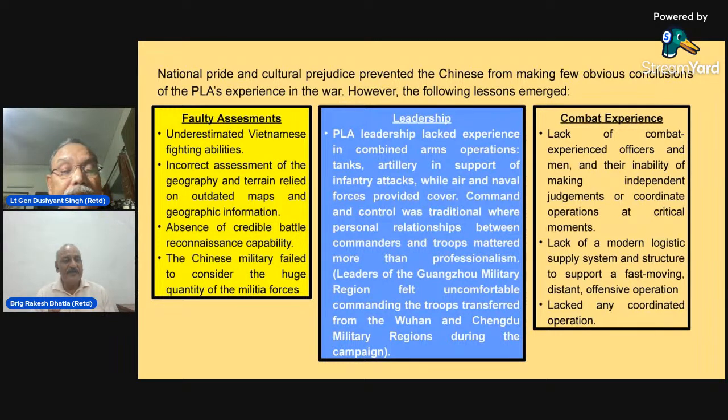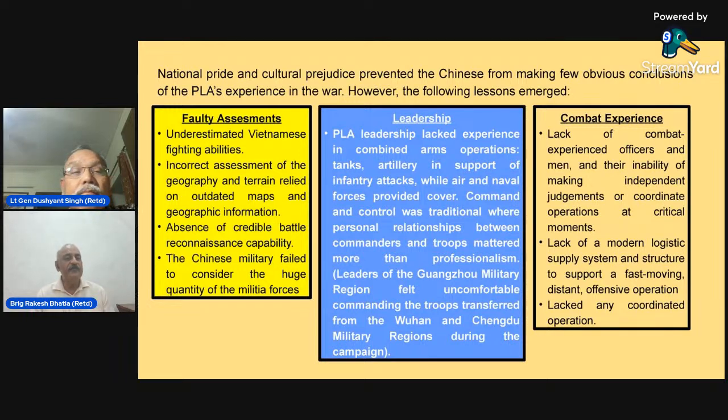Leadership: the leadership at ground level was not confident of taking decisions. Now this is one problem of an authoritarian regime. Everybody looks above his shoulder for the higher-ups to give the decisions. So where the junior leader should have taken the decision, they kept on waiting for directions from above.